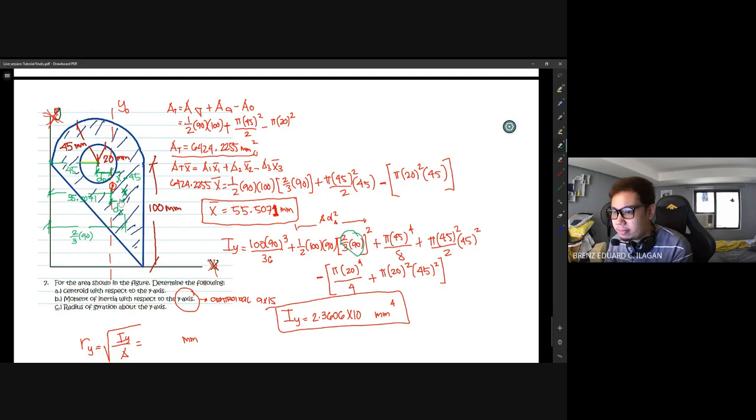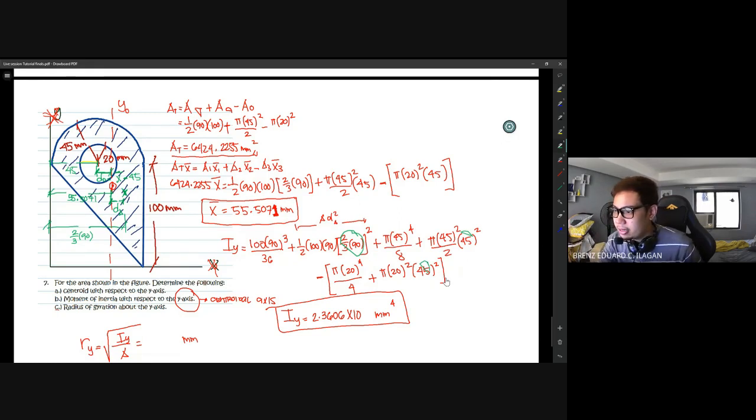So yan yung mapapalit mo. Ito lang yung papalitan mo kung ano yung value na nakuha natin dito sa D triangle para doon sa centroidal y-axis. And para dito sa semicircle and circle, yung 45 na yan at saka yung sa baba, yan lang guys yung papalitan natin. So check na lang kung ano yung lalabas sa sagot.